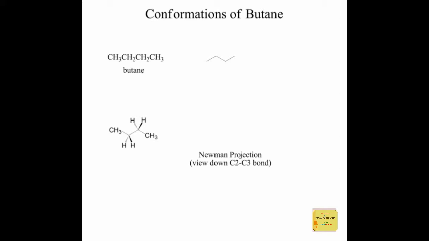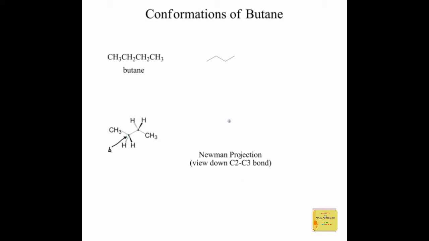So for the Newman projection, what we do for butane, the most interesting point of view is to look down the carbon-carbon bond between the middle 2 carbons. So we call that viewing down the C2-C3 bond. And looking from this perspective, what do we see on the front carbon?